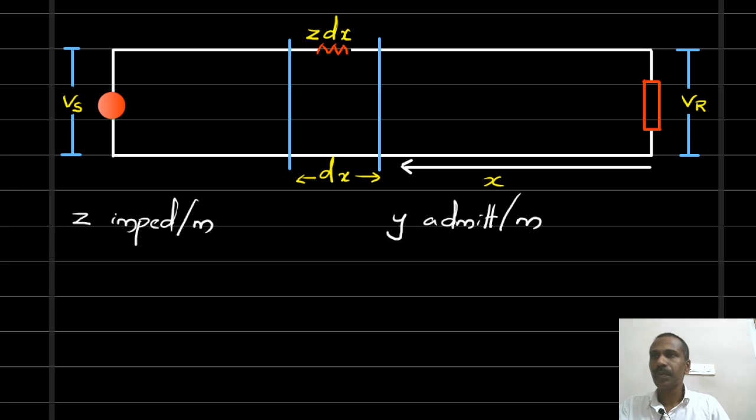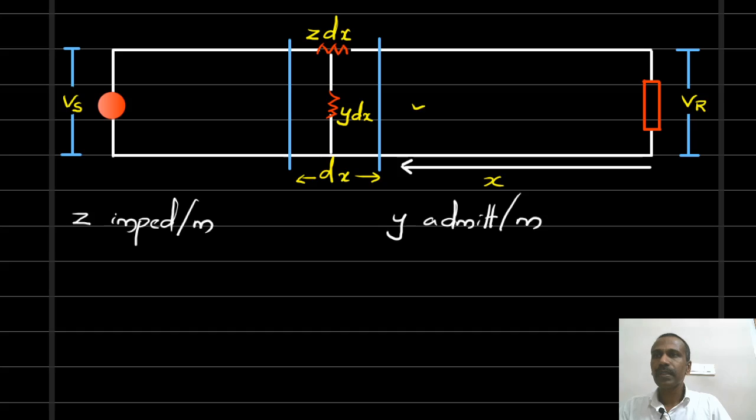Similarly, we have a capacitive admittance in this section. Even though this is represented by a resistor, it is the capacitive admittance. Admittance per meter length is Y. The length of this section is dx. The total admittance is Y into dx.